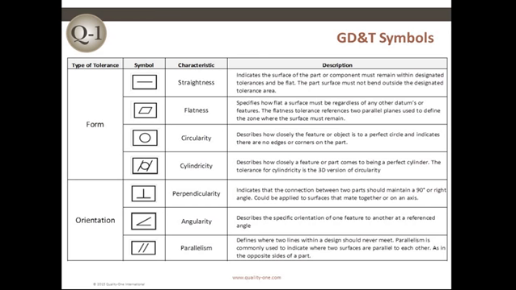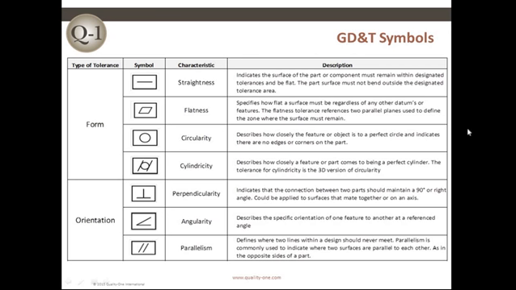Now friends, today we are going to see how we use the symbols on an actual drawing. Before this, we are going to see the meaning of the symbols we use in an actual drawing. Here the GD&T symbols are very important and very commonly used in engineering drawing.